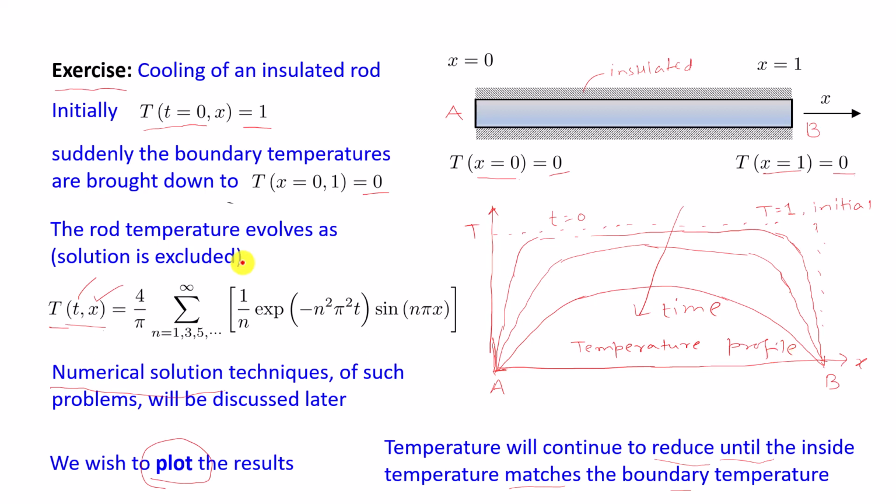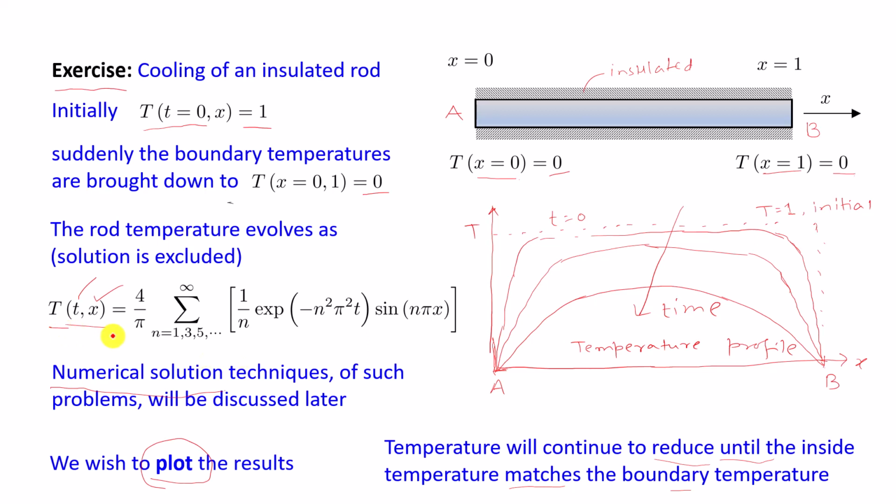When we generate the data file, please try to understand that this T as a function of time and x is a continuous function here, but when we generate the data file, it will be discrete. So we will have the values of temperature T only at certain times and at certain x.